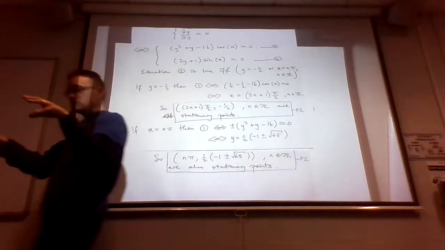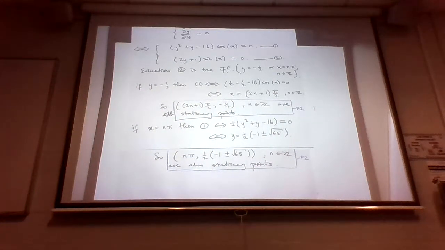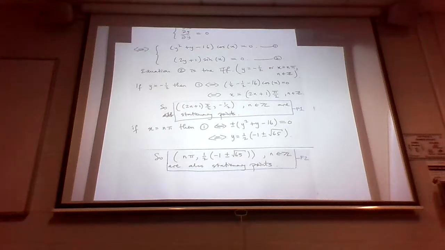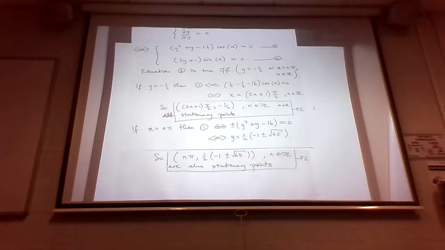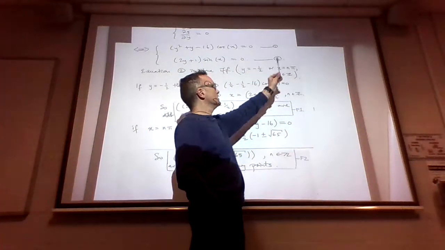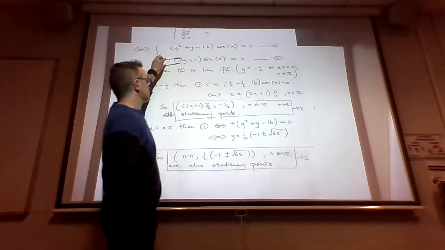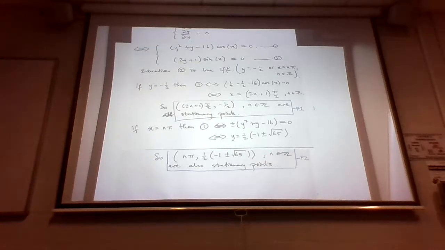So there are no other circumstances under which both equations are true. It has to be captured by y equals minus a half or x equals n pi, because those are the descriptions for equation 2 to be true.